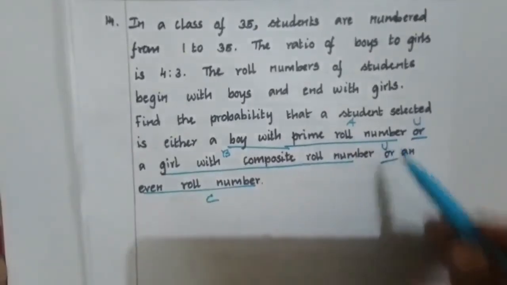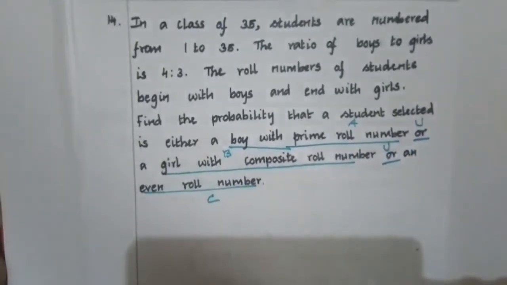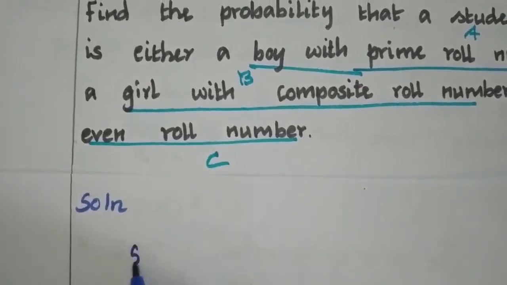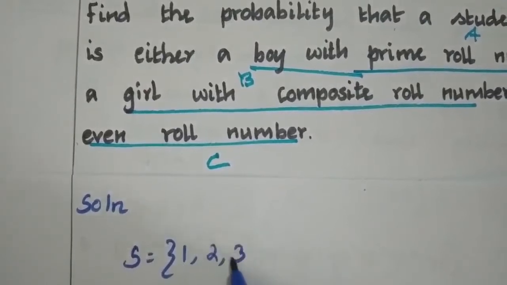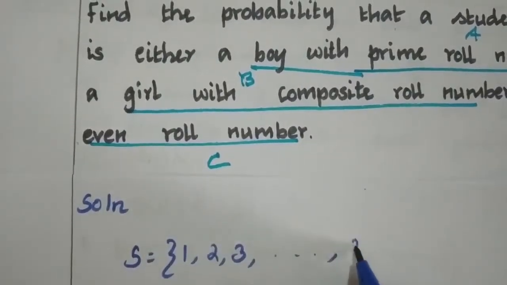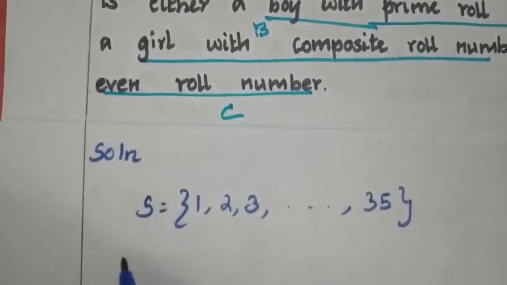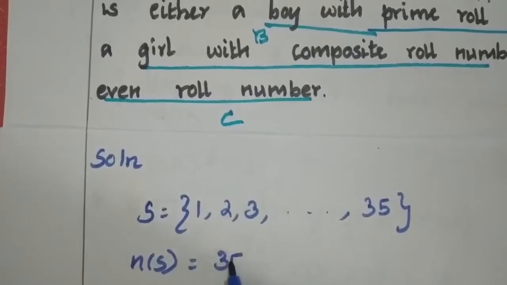So here also we have to find A union B union C. Let us solve this one. In our sample space, the numbers are from 1, 2, 3 and so on up to 35. And what will be our N of S? N of S is equal to 35.